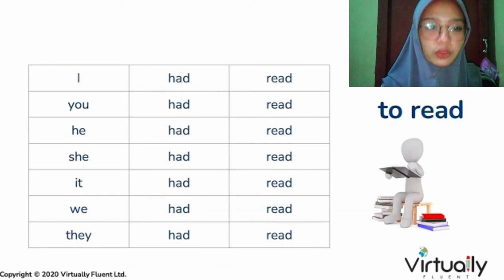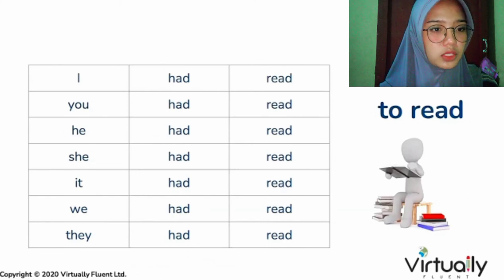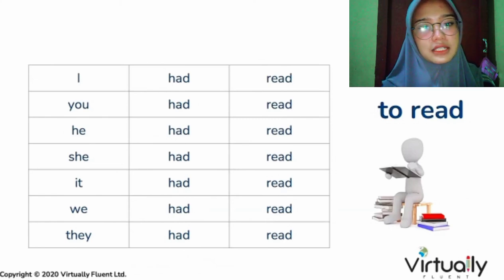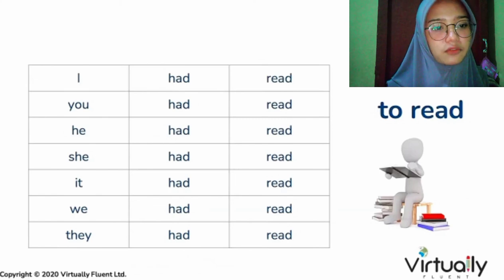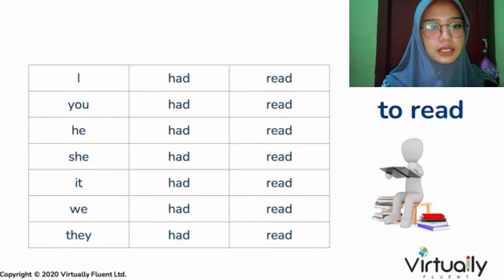So let's review the form of the past perfect tense. We are going to take a nice simple verb, to read. So first we start with our subject. Then we use the word had, which you can see is exactly the same for every single subject. And finally, we use the past participle form.